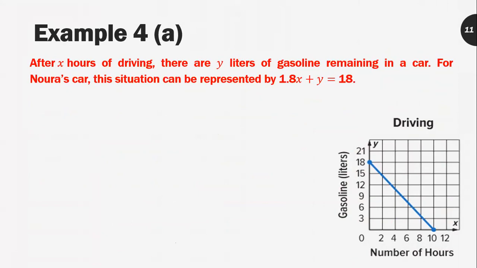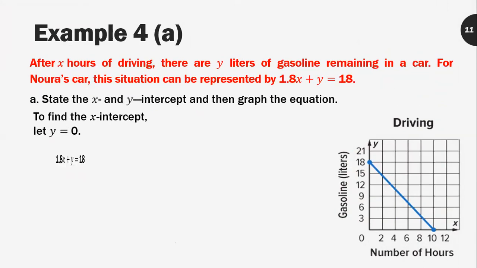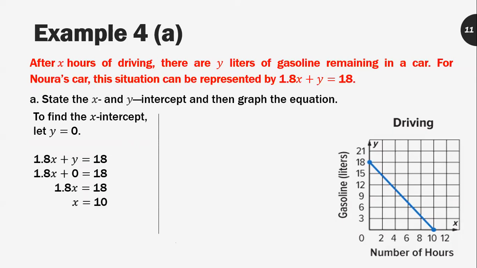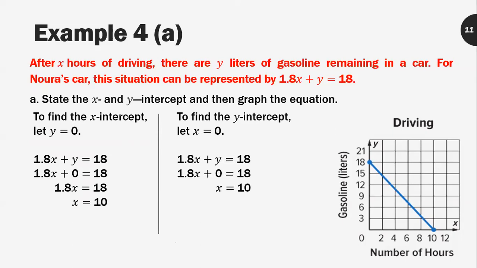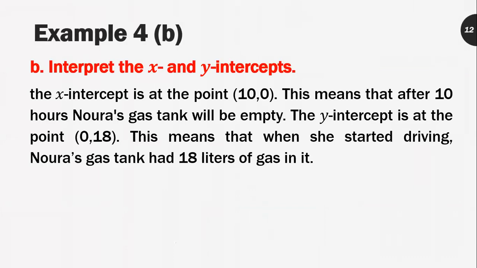If I want to graph this line, I set y to 0 to find that x is 10, and to find the y-intercept, I make x 0, so y is 18. So now we have the x-intercept (10, 0) and the y-intercept (0, 18). Just connect them to draw the line.